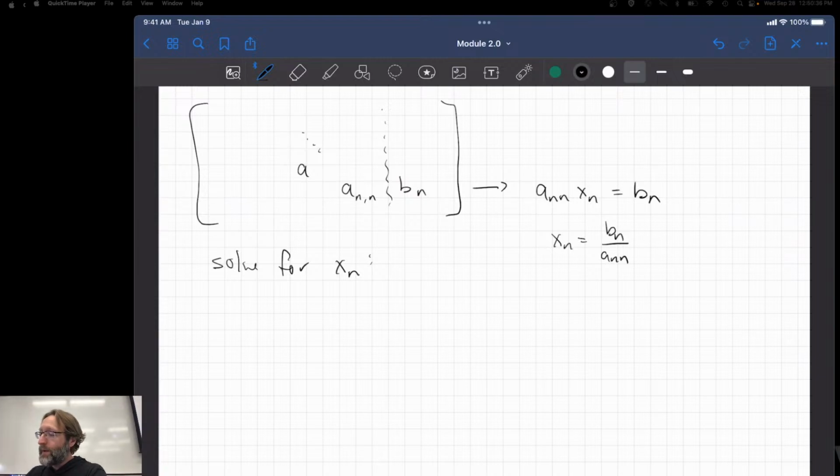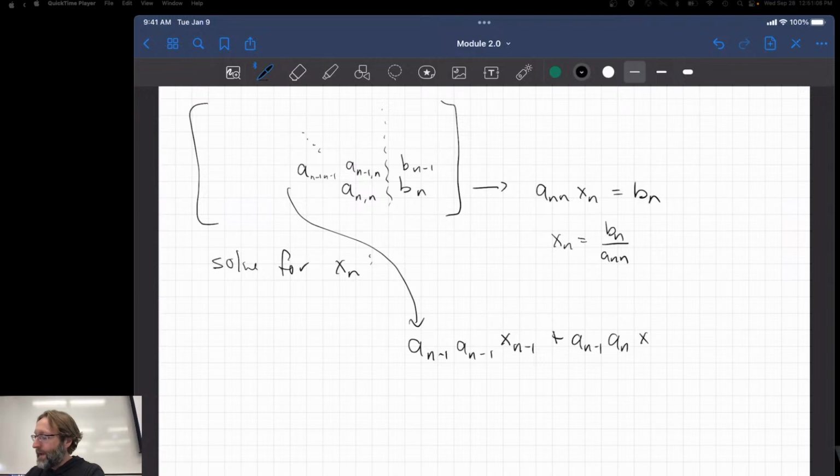This is going to be n minus 1, n minus 1, and this is a sub n minus 1, n, and this is b sub n minus 1. How do I solve for x of n minus 1? This equation corresponds to a sub n minus 1, n minus 1 times x sub n minus 1 plus a sub n minus 1, n times x n is equal to b sub n minus 1.